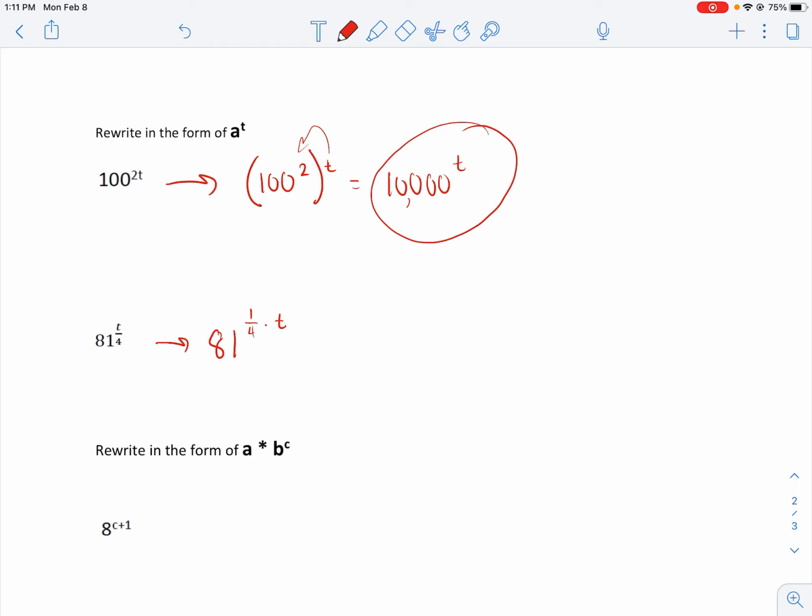We don't want that 1/4, so I'm just going to move that inside the parentheses. And 81 raised to the 1/4 power is going to give me a 3 to the t. Pretty sure. Right? 81 to the 1/4 is a 3.